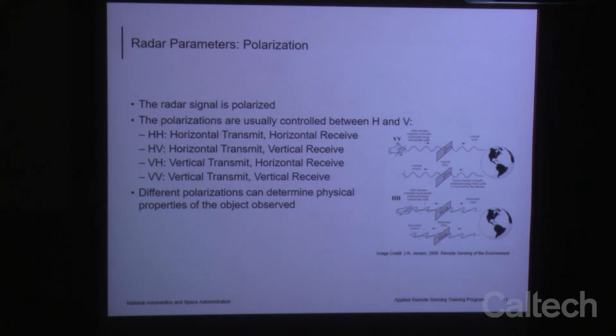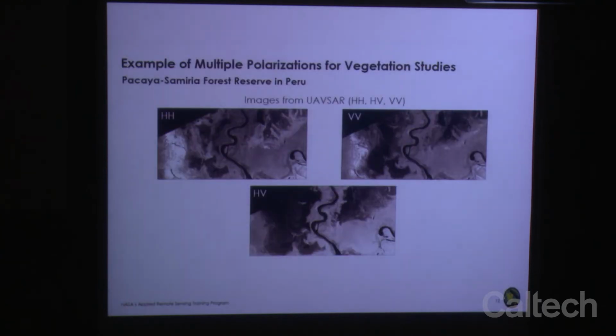So you have horizontal polarization and vertical polarization, and they will interact with the medium and the scatterers in the scene in different ways depending on the orientation of the scatterers in the vegetation canopy. And you can use this information to determine physical properties of the objects observed in terms of polarization. As an example of that, these are data from the NASA JPL UAVSAR, aircraft-mounted L-band imaging radar.